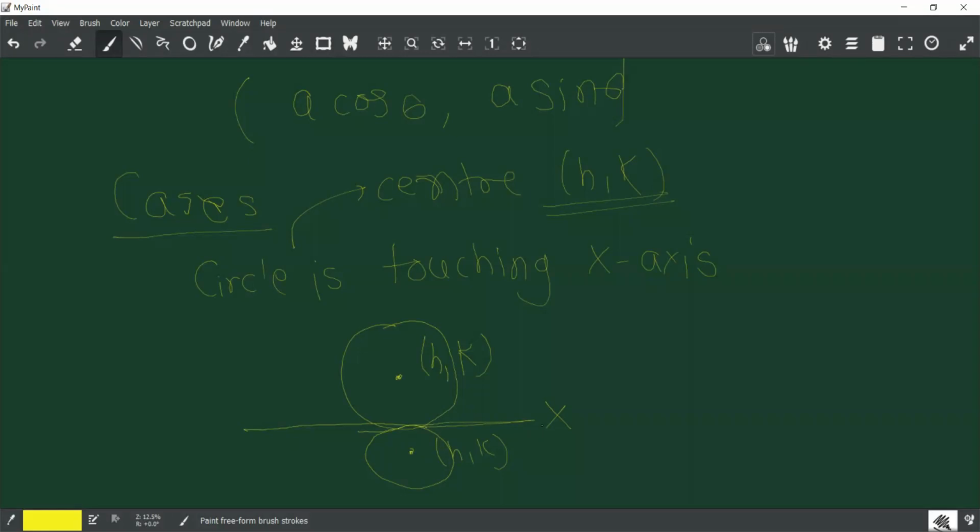What will be the radius? The radius is mod of k. When it touches the x-axis, mod of its y-coordinate gives you the radius of the circle. So you know the center and the radius, so you can get the equation of the circle in center radius form. Am I clear?